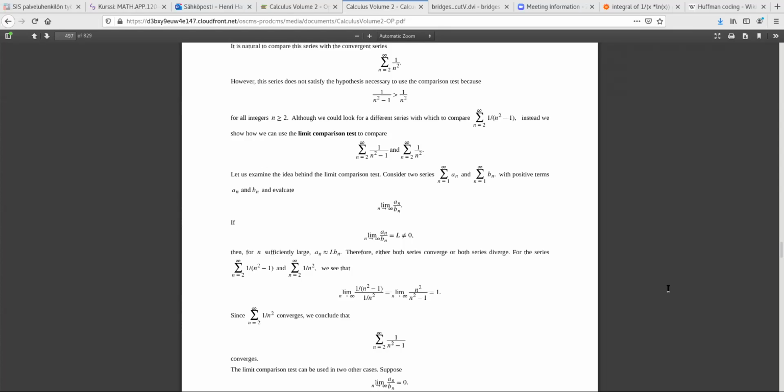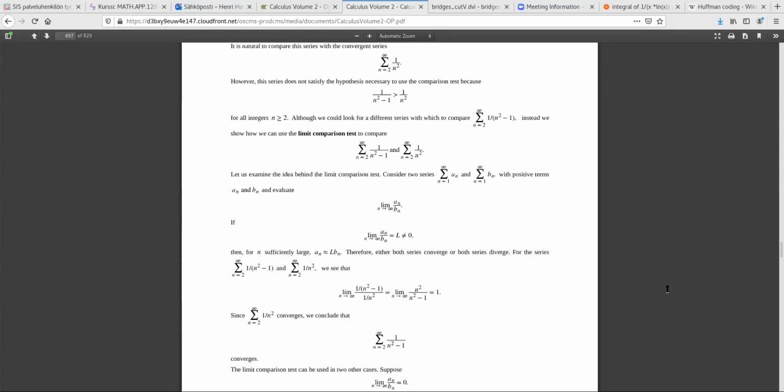Then the sum from n equals 2 to infinity of 1 over n squared minus 1 is smaller than the sum from n equals 2 to infinity of 1 over (n minus 1) squared, which can be written as the sum where m ranges from 1 to infinity, because m is n minus 1, of 1 over m squared.